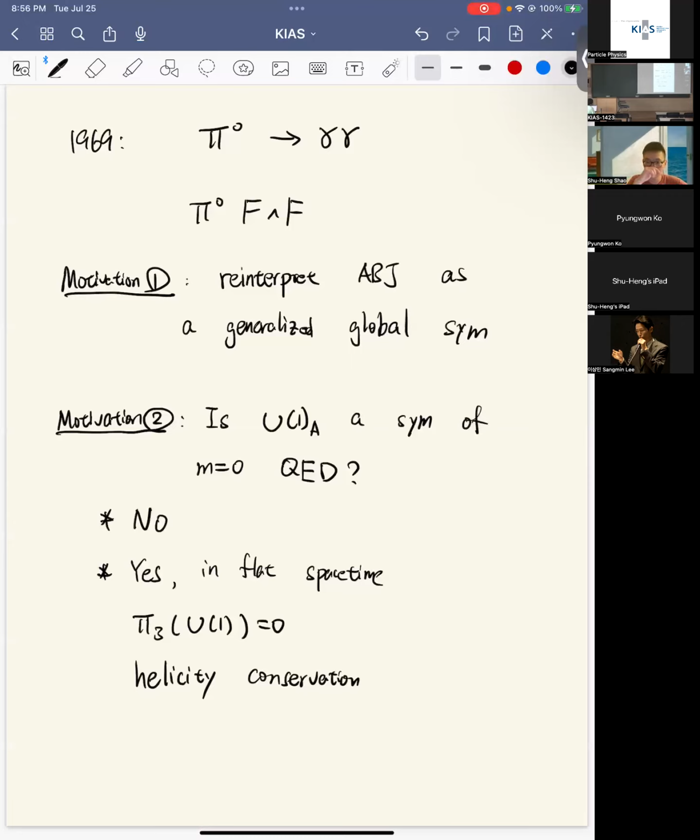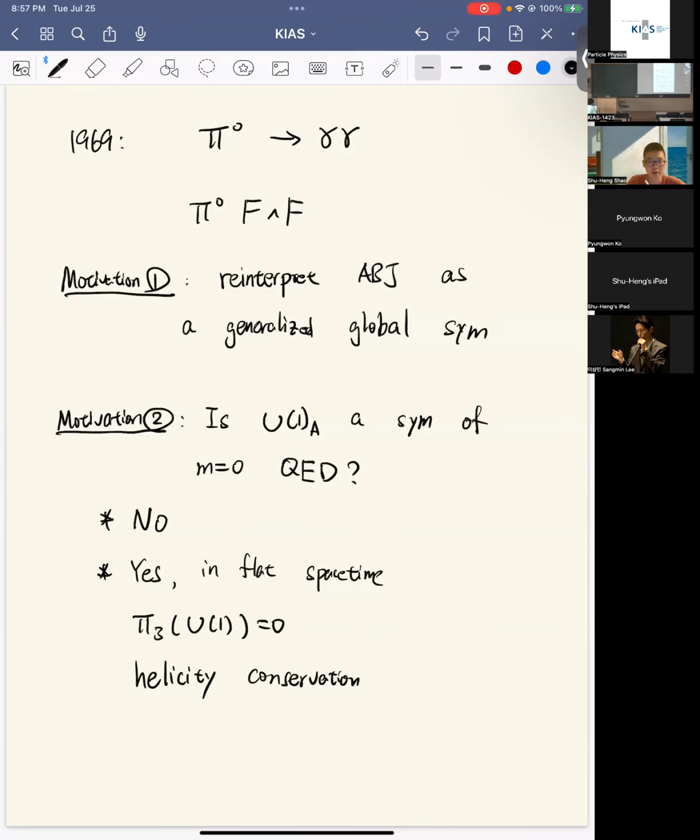For instance, if you ask this question in the context of the eta prime, which is associated with the chiral symmetry that has an ABJ anomaly with an SU(3) gauge group, then there's no generalized global symmetry behind. So it really depends on the details.